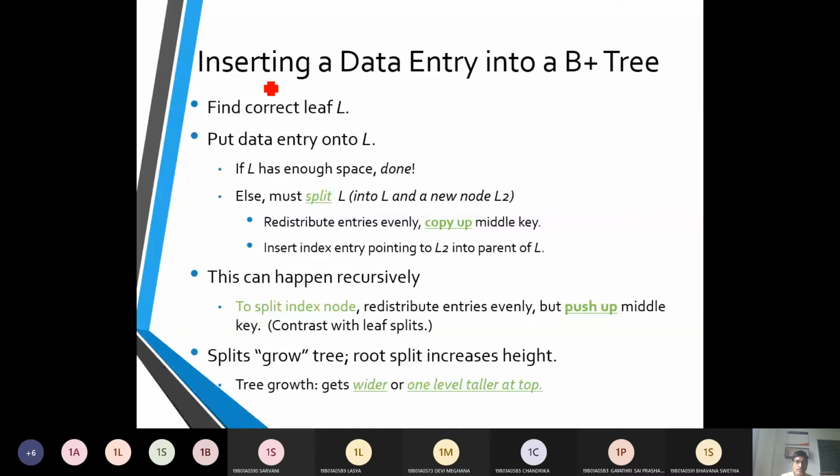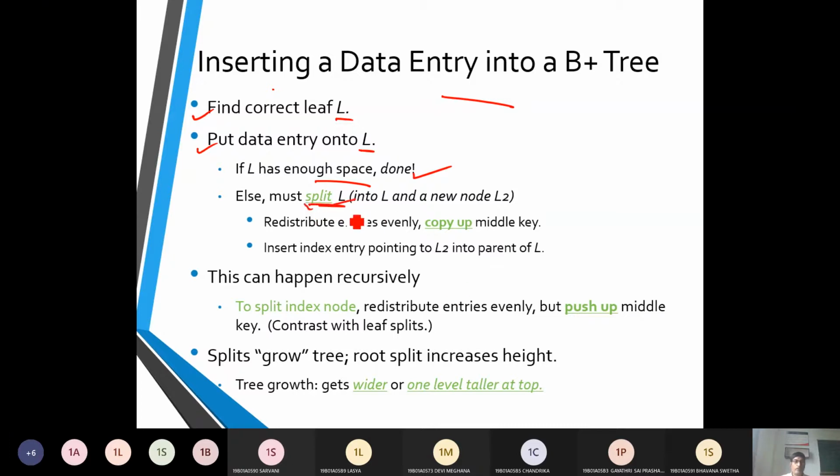Now, how is an insert of a data entry into a B plus tree done? First of all, it finds the correct leaf. The next step is to put the data entry onto the leaf node. If there is space available, your job is done. So we find the leaf node, and if there is space for it, your job is done.